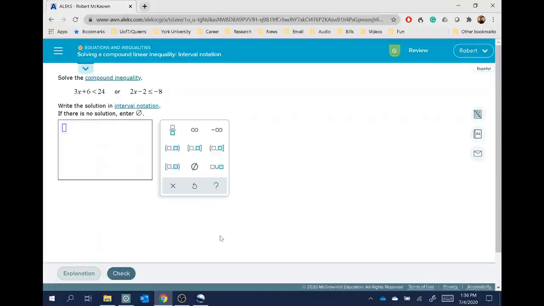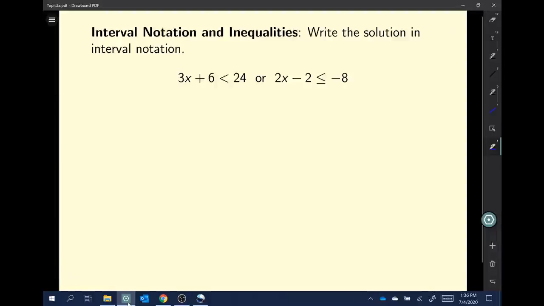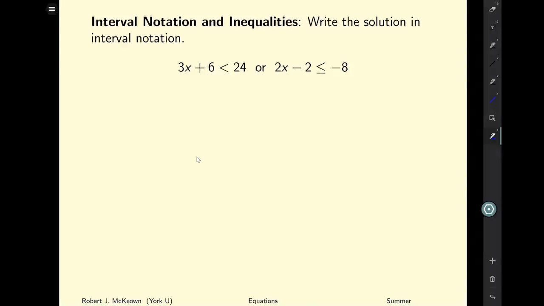Now you are going to work on this problem on a piece of paper. I'm going to take us back to our slides. And so here we are in the slides, and we want to write the solution to this in interval notation. So we'll start with the inequality on the left-hand side. I've got 3x.